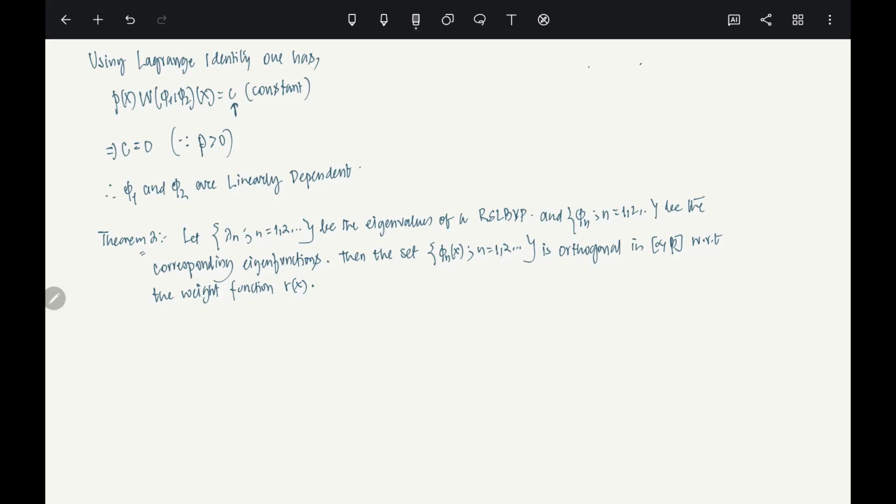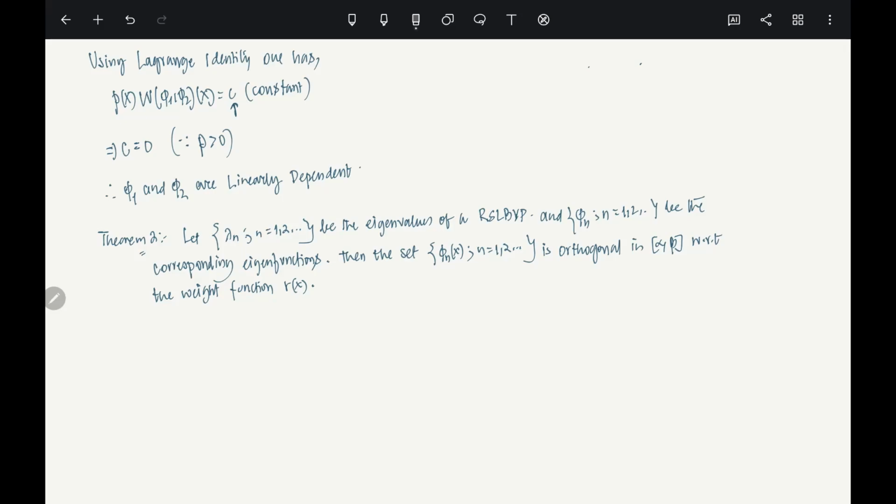Now, before we prove this theorem, let me tell you why this is very important. If you have a regular Sturm-Liouville boundary value problem, and you can somehow find a set of eigenvalues and eigenfunctions for it, then that eigenfunction set will act as a set of orthogonal functions.